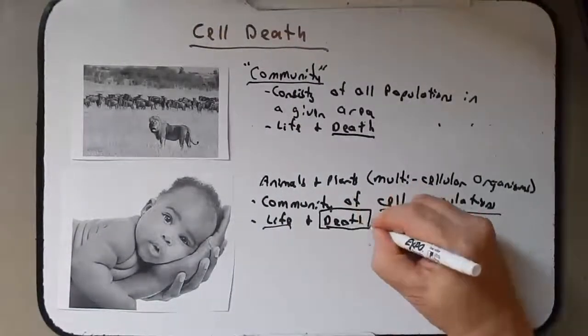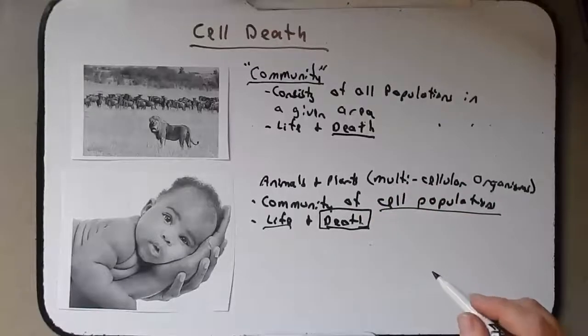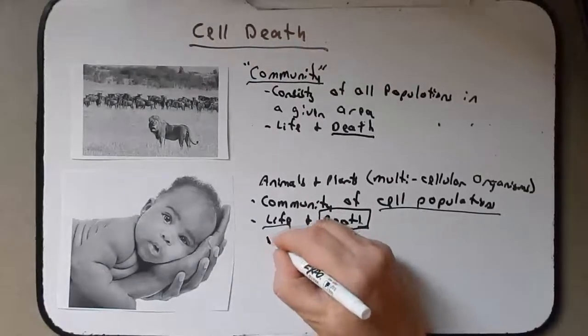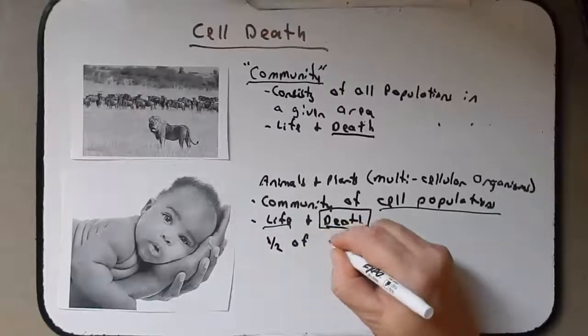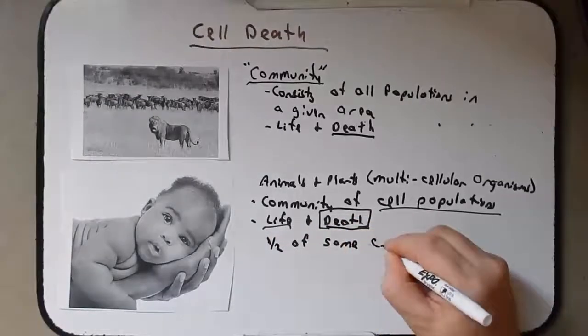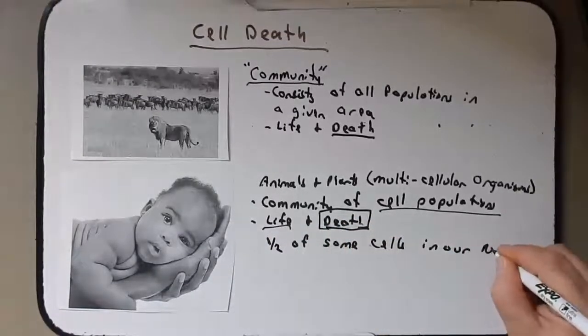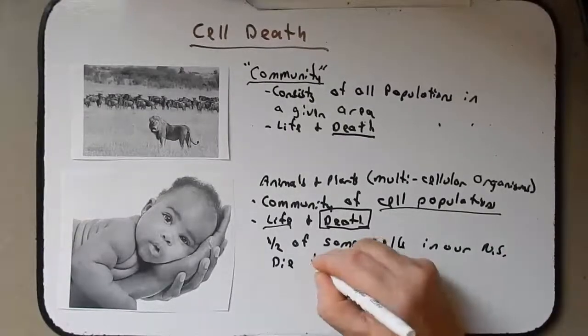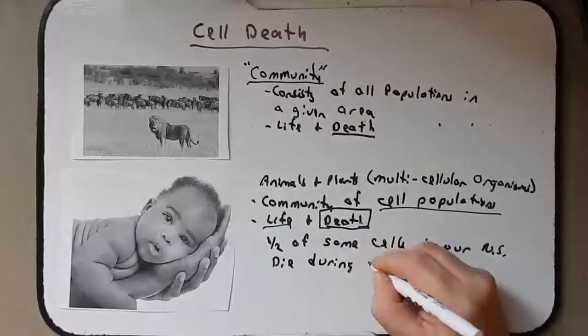Now I'm going to focus on death for this aspect of maintaining our cell community, and I'm going to provide a couple examples of why cell death is important. We know that about half of some cells in our nervous system, or in animal nervous systems, not just ours, die during development.